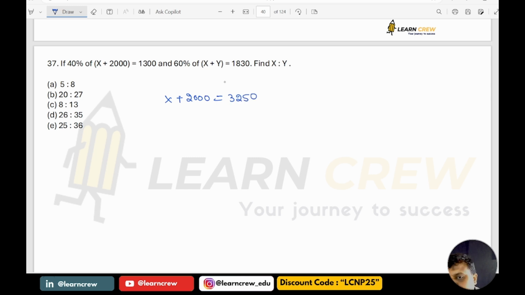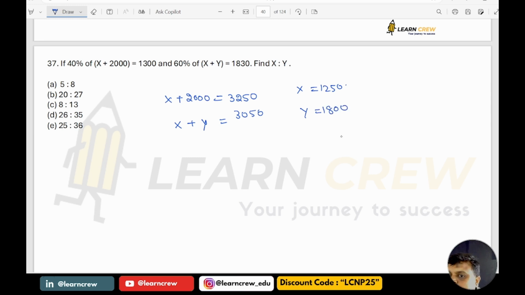Now 3/5 of 610, 3 into 610, 610 into 5 is 3050. 3050 is x plus y. So from this you got x as 1250 and x plus y is equal to 3050. So y is equal to 1800.